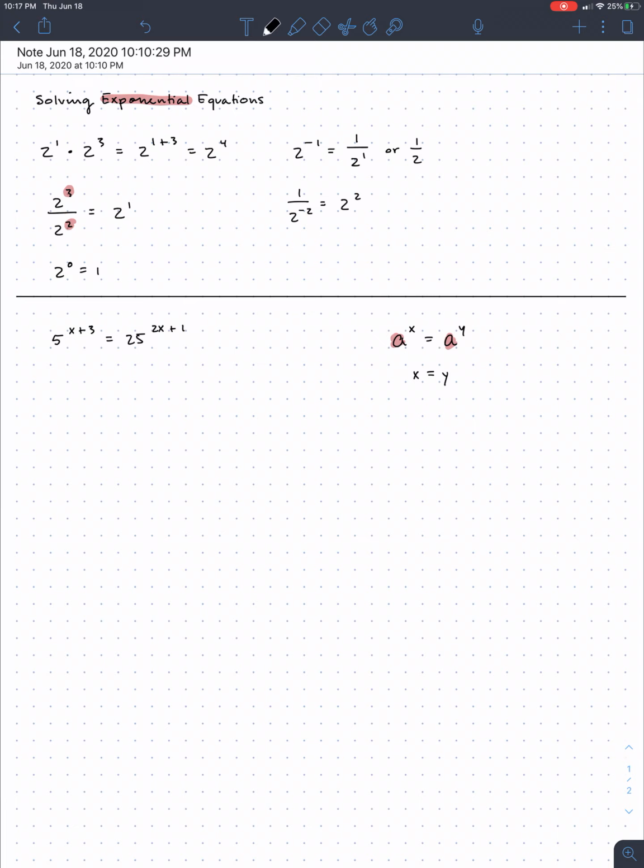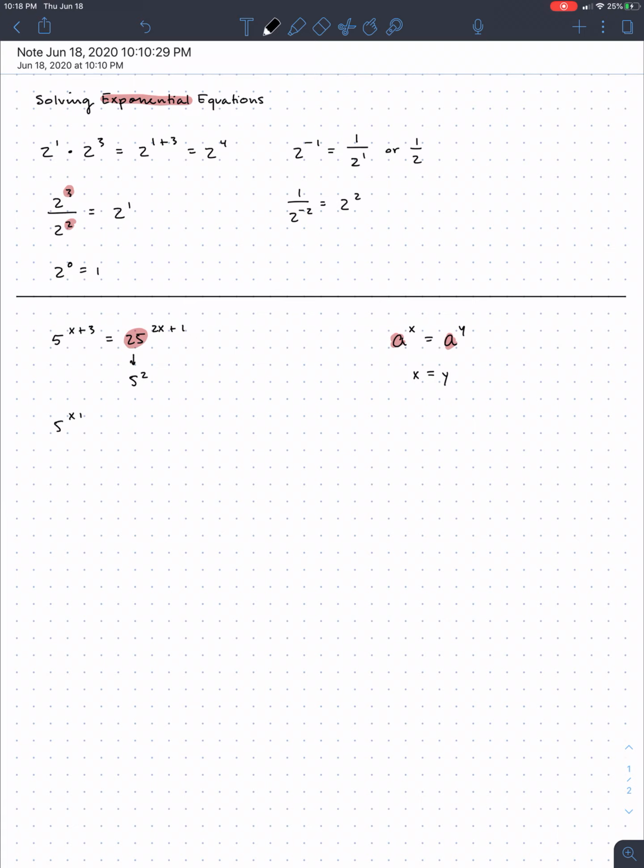But here's the thing, my bases right now aren't the same, but if you notice, my bases are actually very similar, because 25 is the same thing as 5 squared. Those are equivalent. So I can actually do some rewriting.